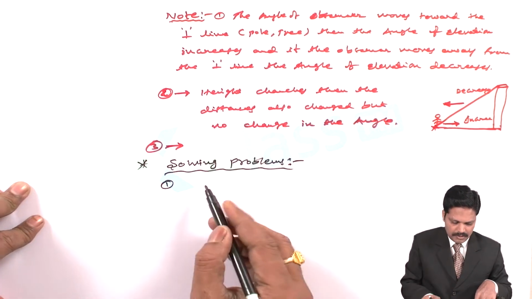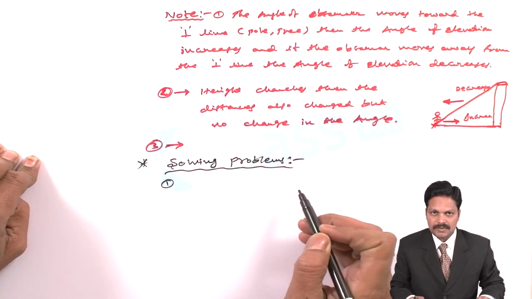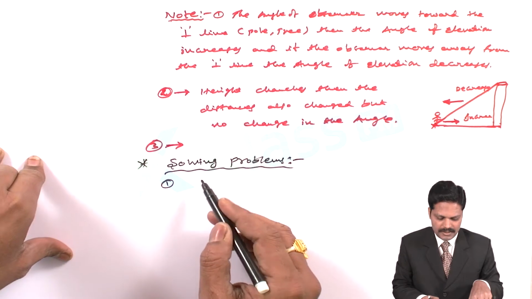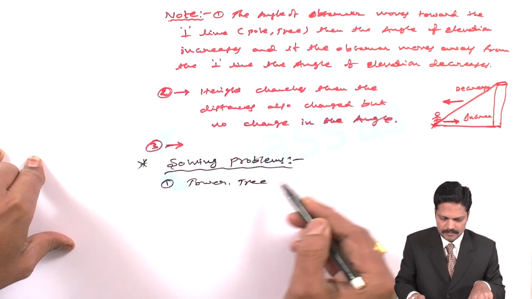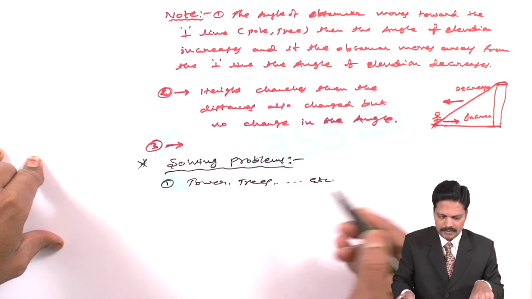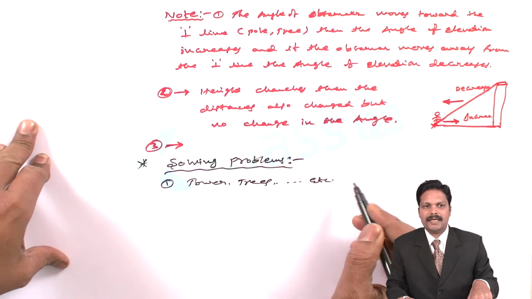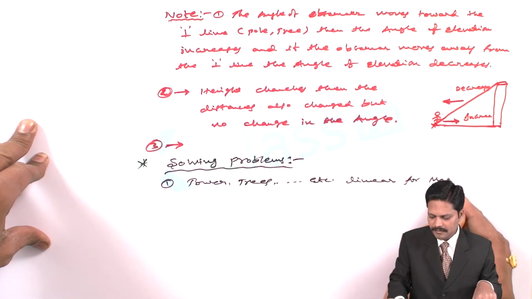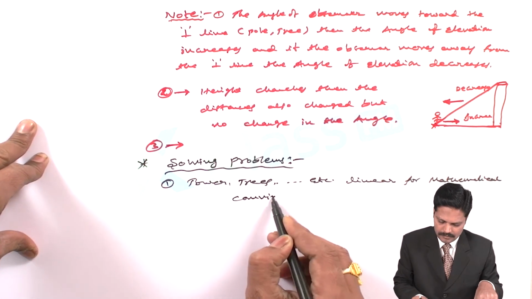To solve a problem, we should consider the following rules. So which rules should we follow? First, all objects such as towers or trees, etc., should be considered as linear for mathematical convenience.